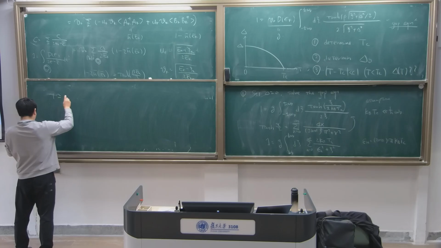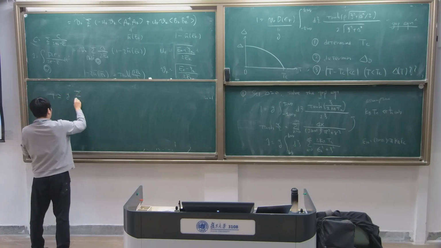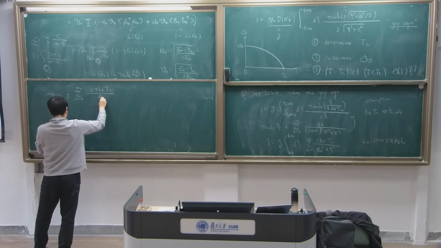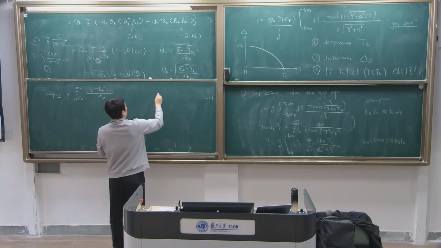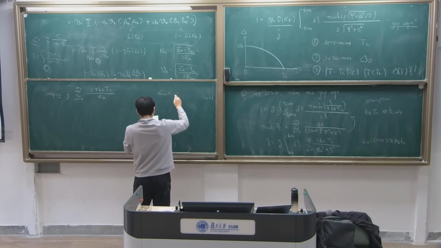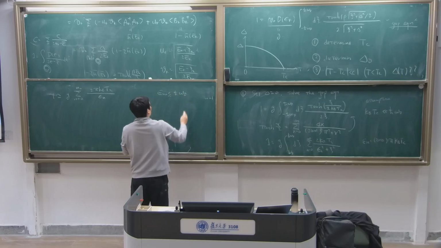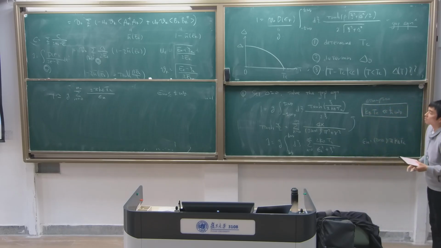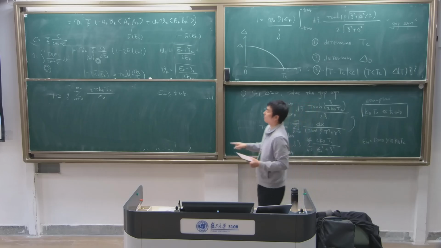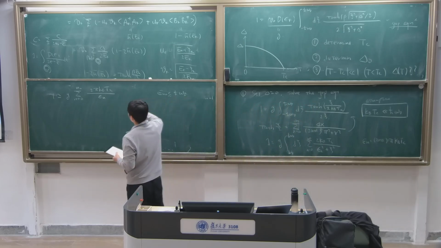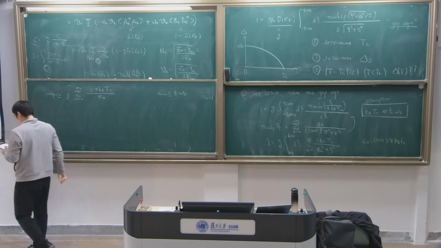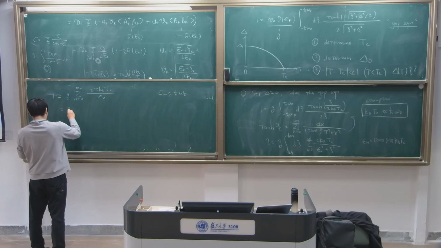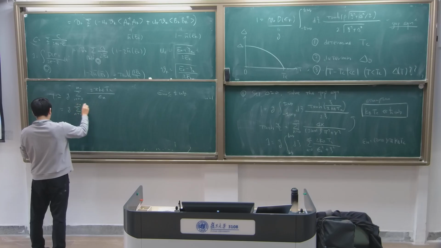So 1 is equal to G times the sum over n equal to 0 up to a cutoff, because of this assumption. So we assume that kB TC is much less than h bar omega D. Therefore, this is equal to G times the sum over n equal to 0.